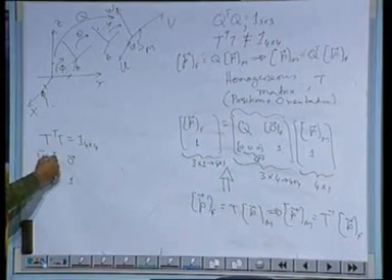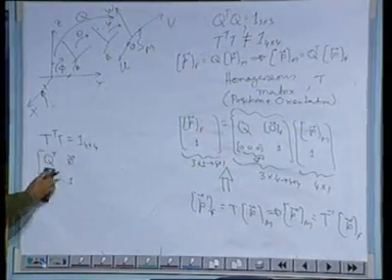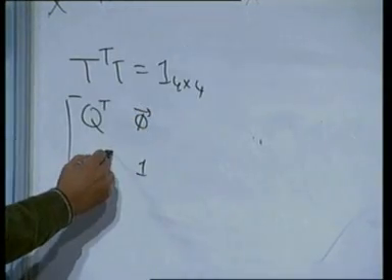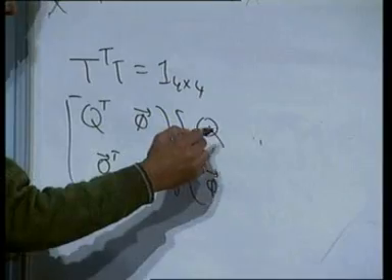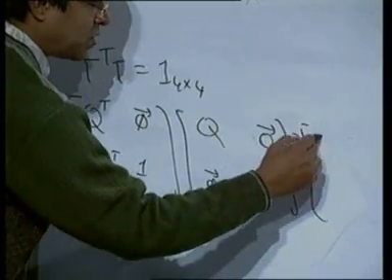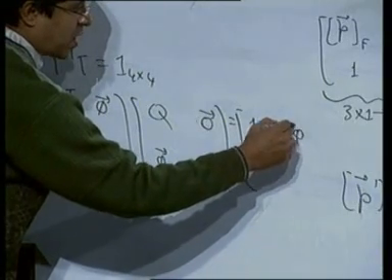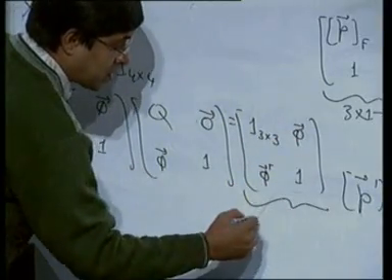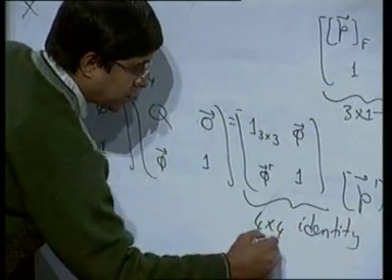So, this should be Q transpose, this will become the 0 0 0 column, this will become O transpose and this is 1, and then times Q, O, 0 transpose, 1 should be equal to the identity matrix, which means this will be 3 by 3, this will be 0, this will be 0 transpose, this is nothing but the 4 by 4 identity.